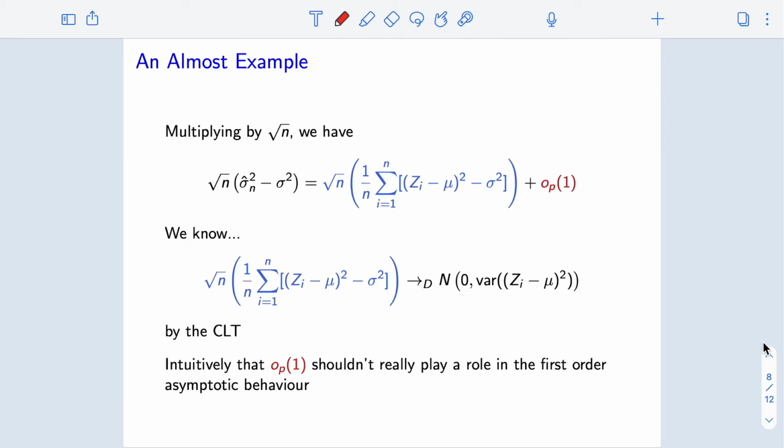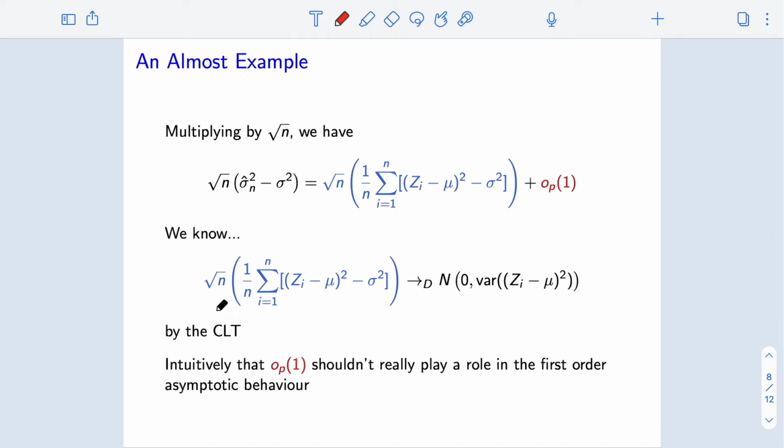Now, again, we want to think about either zooming in or scaling our sampling distribution if we're thinking formally about what's happening asymptotically. So in this case, we look at estimator minus truth upscaled by square root of n. And we see we now have two terms: this empirical average of mean zero terms scaled up by square root of n, and this term that converges to 0 in probability.